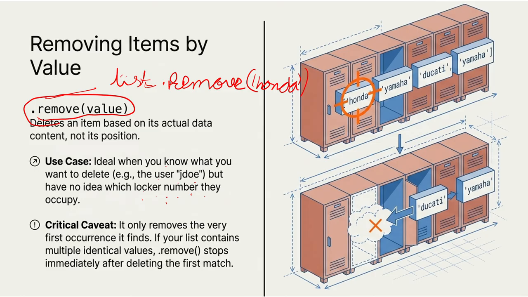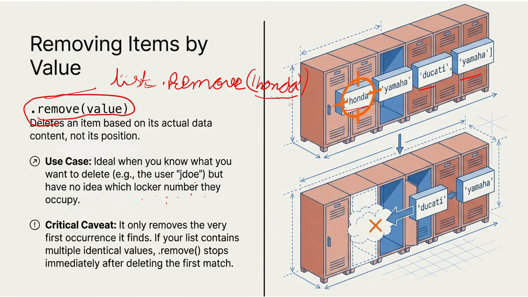The remove method scans your list, finds whatever value you have mentioned in the parenthesis, and removes that value. But here is one catch. Suppose you have typed Honda over here, and in the list you have multiple Hondas.